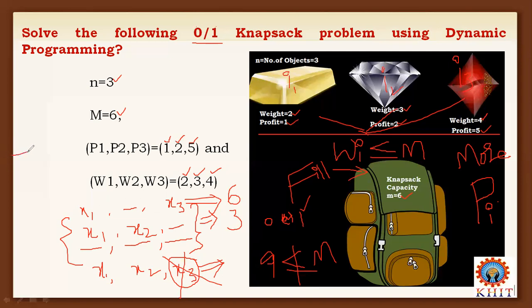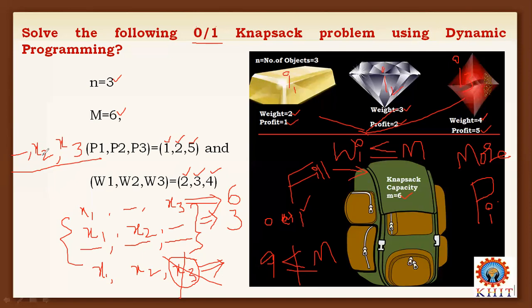First item not selected, that is 0. Second item selected, complete item x2 taken. Third item selected, complete item selected. So in this case, what is the weight? If the first item is not taken, 0 weight.